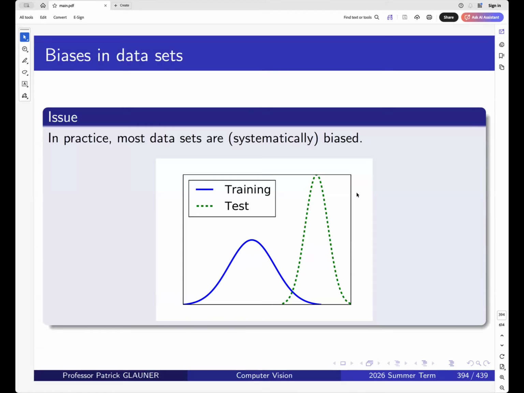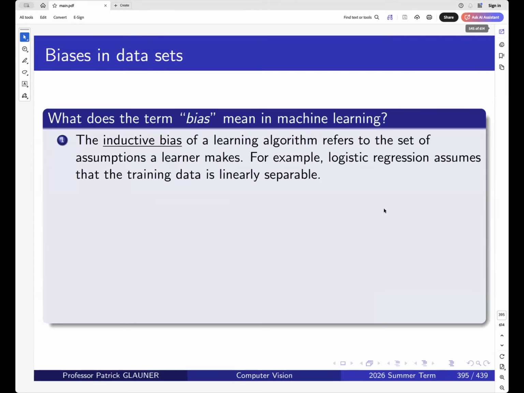However, it may happen in reality that our test data is not just different to the training data, but comes from a different distribution. So that the training and test data would be from different distributions. And that leads to lots of problems. And we'll look into this now and we'll see some consequences to vision, but also to other problems.